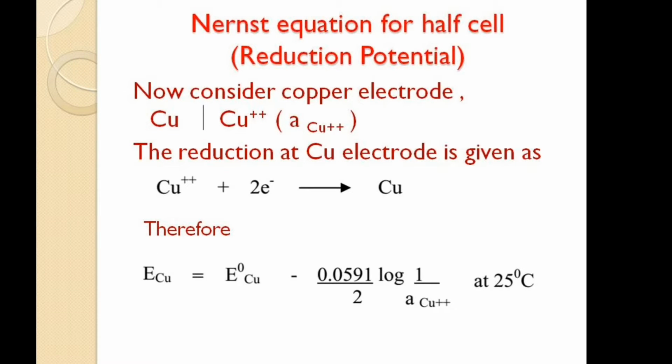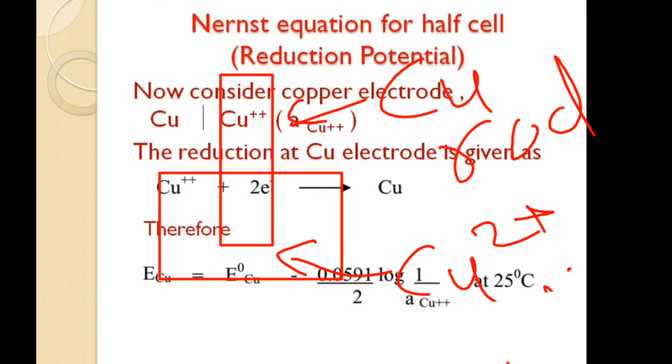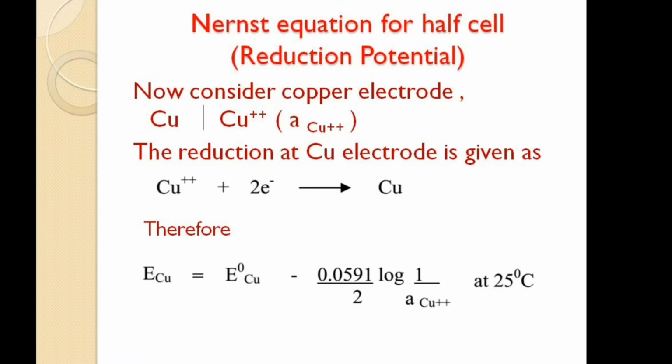Now let us derive the Nernst equation for a half cell for a reduction reaction. As you know, the potential produced due to a reduction reaction is known as reduction potential. Suppose that a copper rod is dipped in CuSO4 solution. Then the reduction reaction, that is the gain of electrons, is written as Cu2+ plus 2 electrons gives Cu. Now again use the Nernst equation.